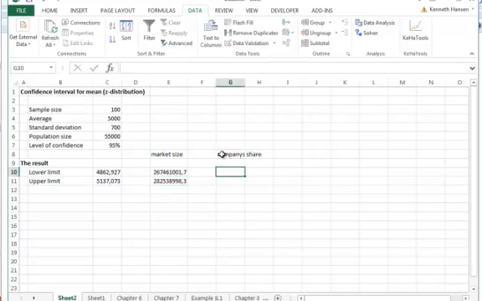The company's share is around 10% of these numbers, so this times 10%, and the same down here. So the company should expect a share between 26.7 and 28.2 million crowns.